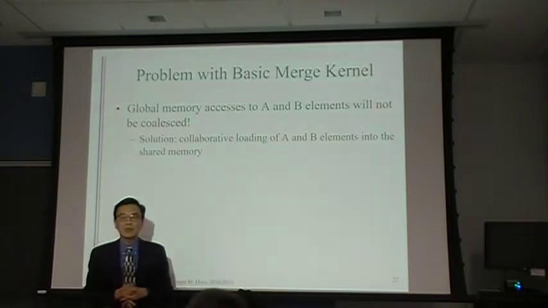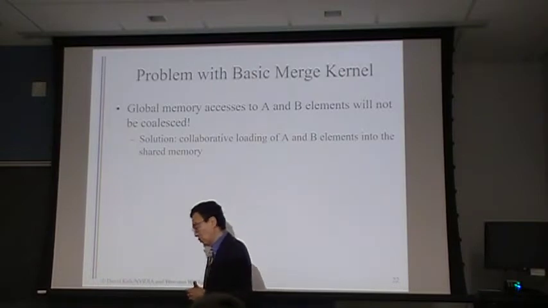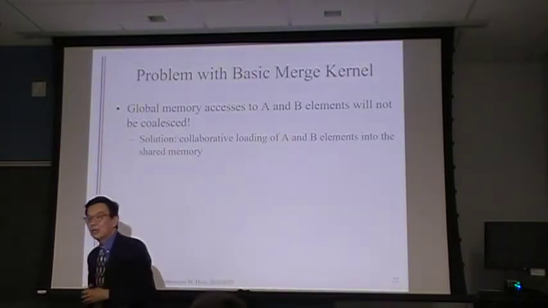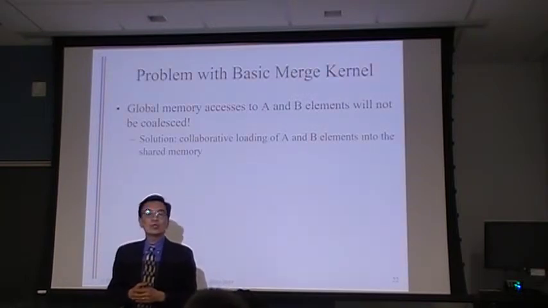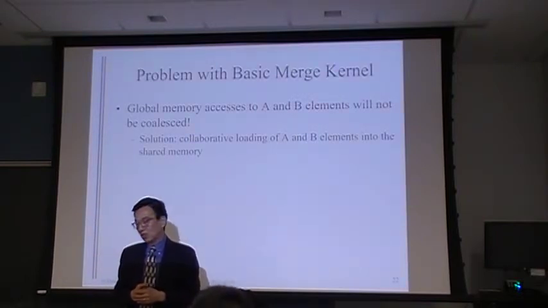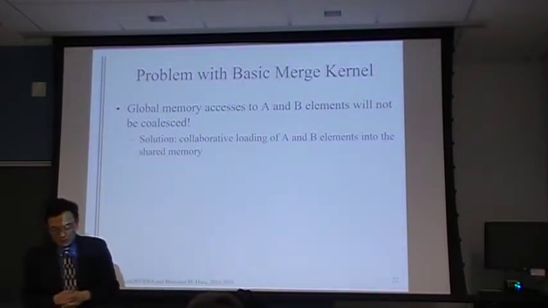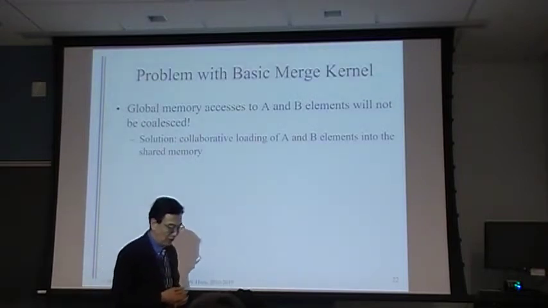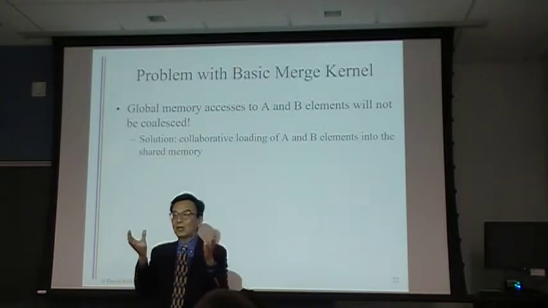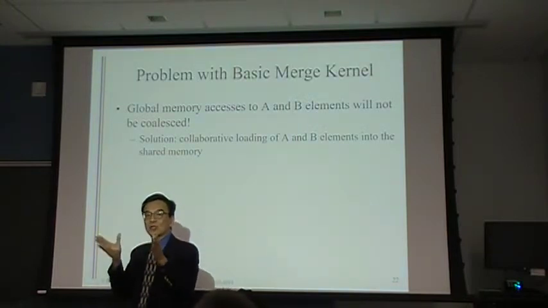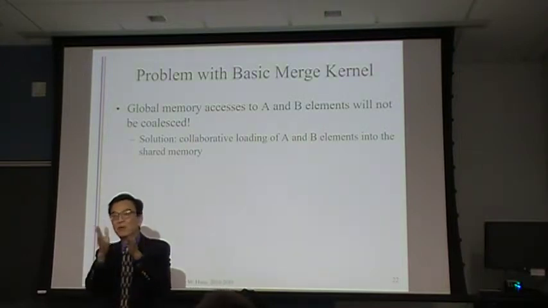So how can we improve the situation? One way is to reduce the number of threads that need to do the search. Another possibility is to do a search for a group of threads, and then a group of threads can benefit from that search and do a small amount of work.